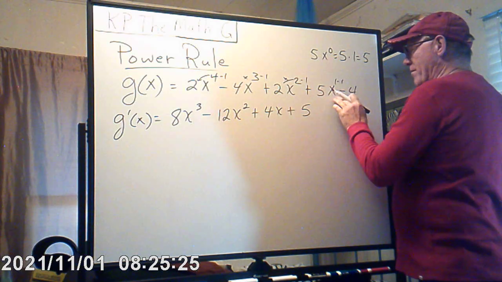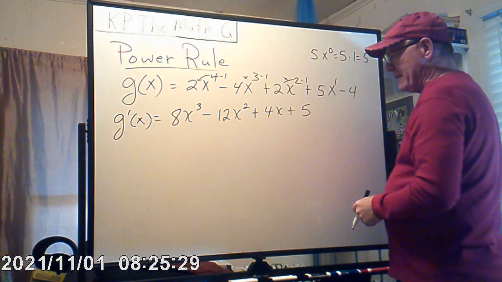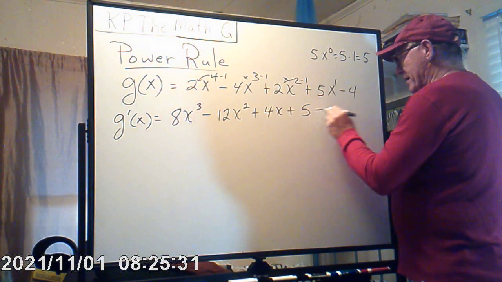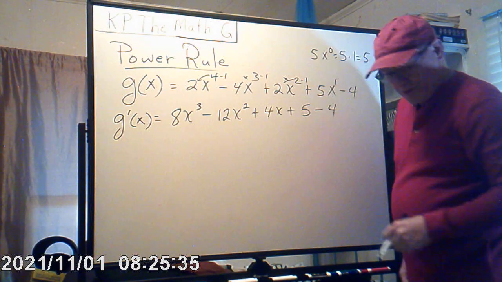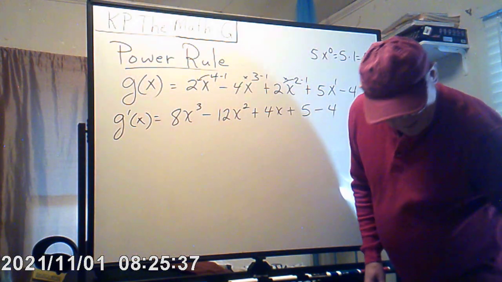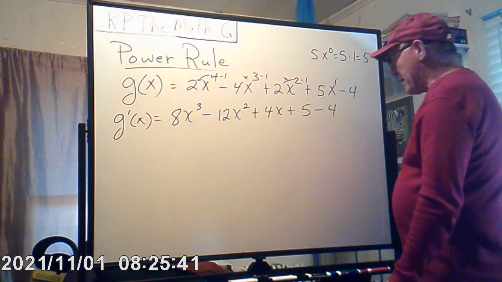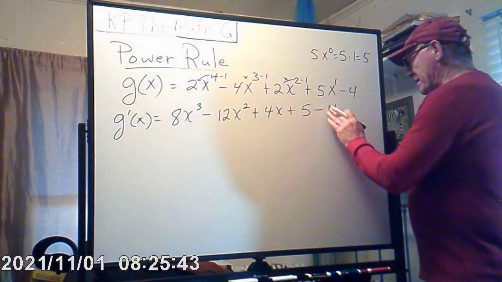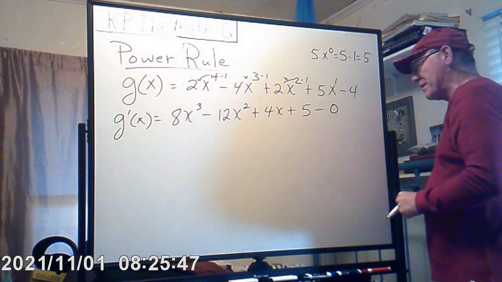So when you see that exponent of 1, you just say 5. Then minus, whoa, now don't make a mistake and put 4 here. That is certainly not so. This is a constant. The derivative of a constant is 0.